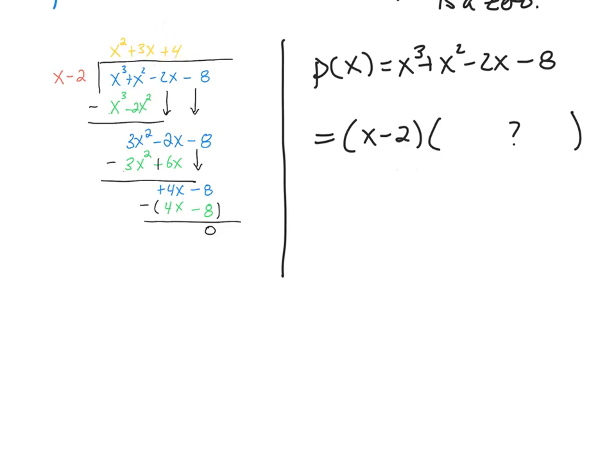And what this is telling me is the thing that I'm missing, what I need to multiply by in order to get back to x cubed plus x squared minus 2x minus 8 is going to be this x squared plus 3x plus 4.